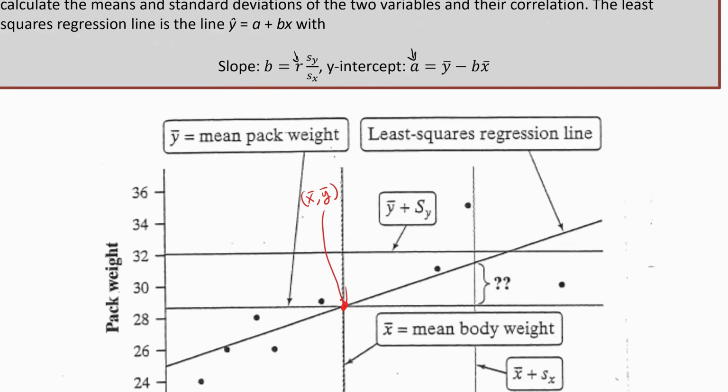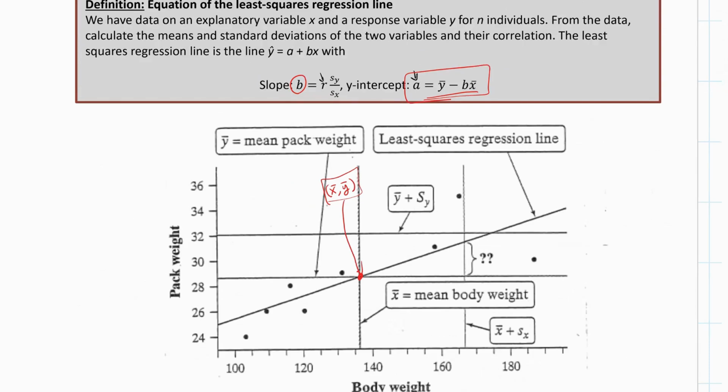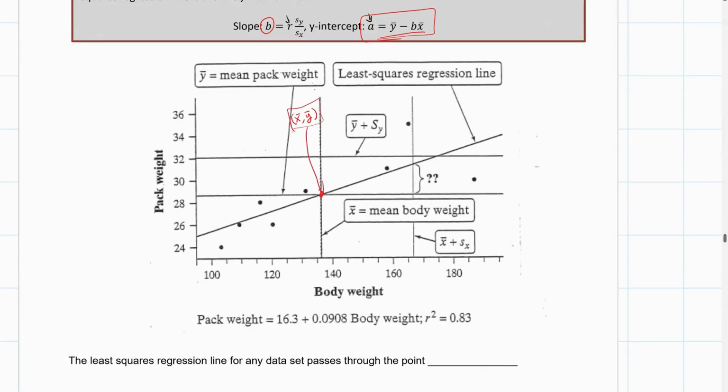It uses the fact that if you know a point and you know a slope, you can calculate the y-intercept. And so the y-intercept ends up being calculated thus. So the least squares regression line assumes that we're going through the point x bar, y bar, right?